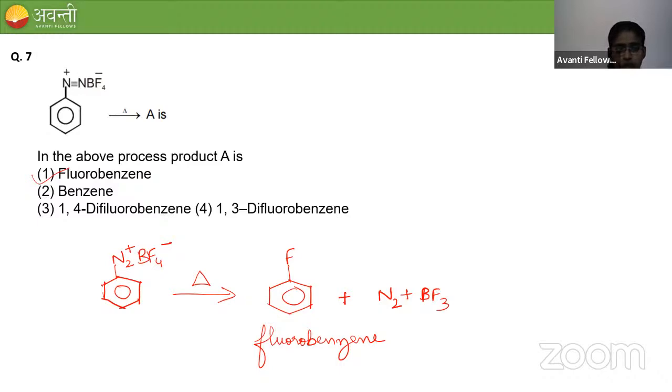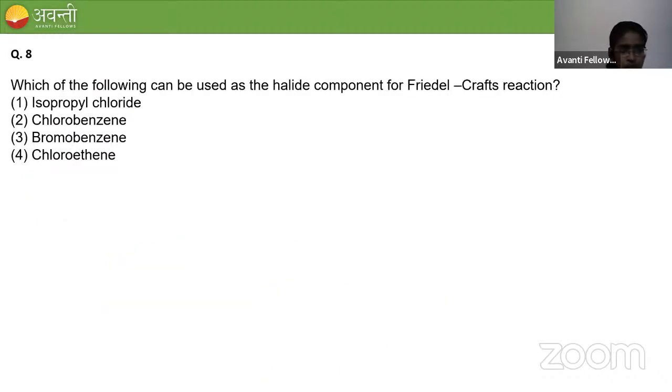Now moving on to question number 8. Which of the following can be used as the halide component for Friedel-Crafts reaction? So normally we have 2 different types of Friedel-Crafts reaction. One is Friedel-Crafts alkylation. The other one is Friedel-Crafts acylation. Okay.